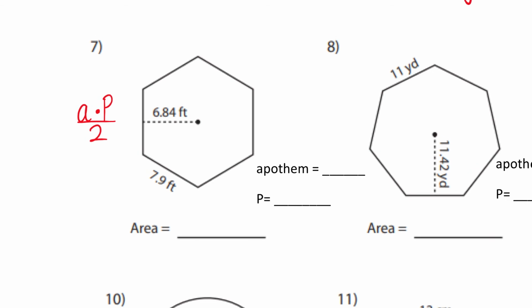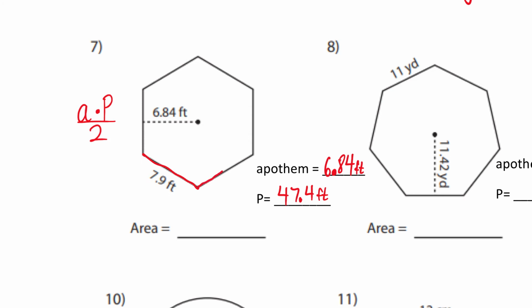Okay, so how long is the apothem on this one? 6.84. How long is the perimeter? Okay, how do you know it's 47.4?